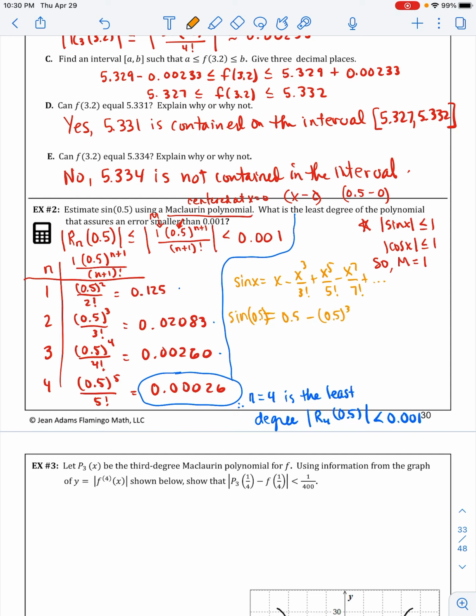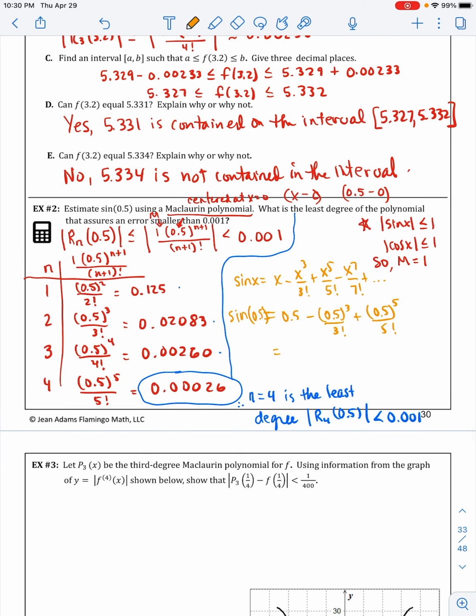And if we wanted to calculate our sine of 0.5, we would say, okay, 0.5 minus 0.5 to the 3rd over 3 factorial, and then plus 0.5 to the 5th over 5 factorial, and I might stop there and then just put these values in my calculator.